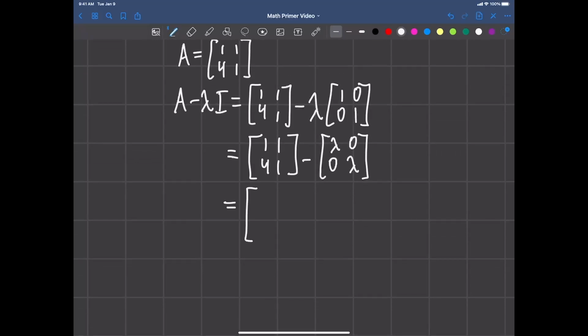And this, since we just do element-wise subtraction, will be 1 minus lambda, 4, 1, and again 1 minus lambda.